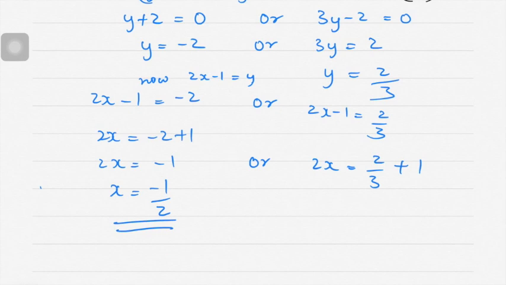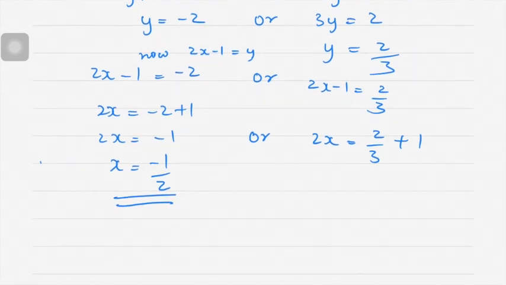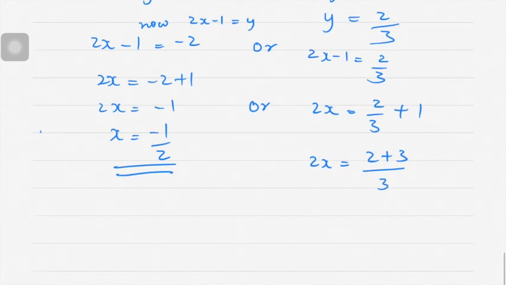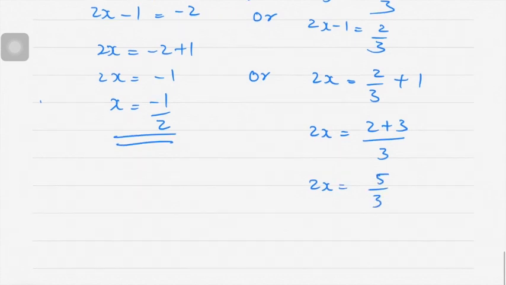Or 2x is equal to 2 by 3 plus 1. Now let's do cross multiplication. Not cross multiplication, this is LCM. 2x is equal to 2 plus 3 upon 3, which is 2x is equal to 5 by 3.